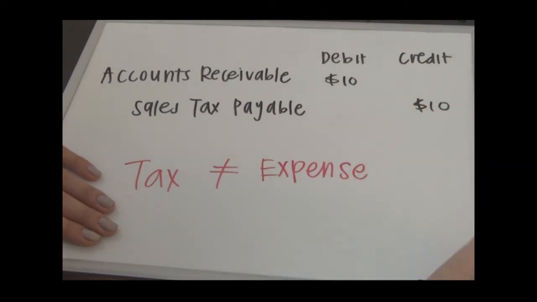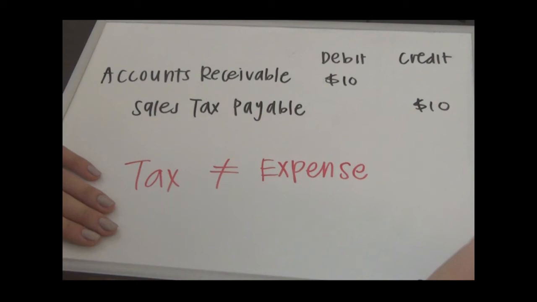For sales tax, at least, it's not an expense because you, the customer, are the one paying for it, not the company, not the restaurant. So as a result, we increase or debit $10 to the restaurant because you owe the restaurant $10 for the tax.